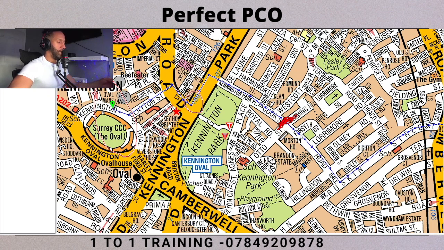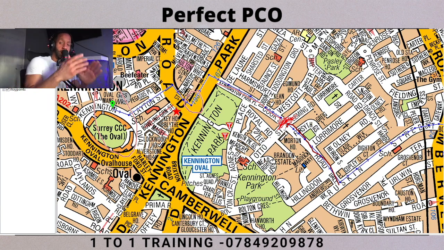You can't go any further than that on either side. So if you're coming down Kennington Park Place this way, it's a dead end there. You can't go any further. And if you're coming up Cooks Road the opposite way, it's a dead end there in real life. But on this map, it's permittable. You can do it. So if you got this map in the test, then you do the route that we just done.